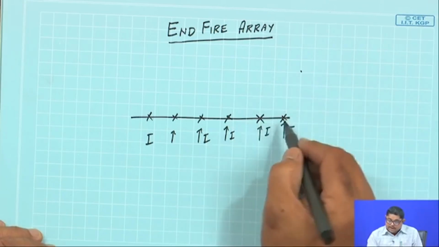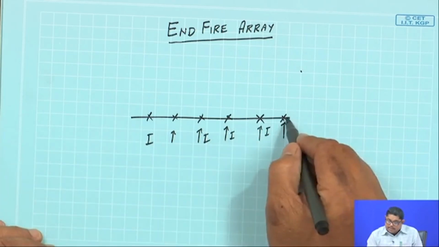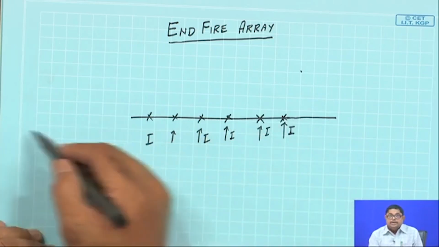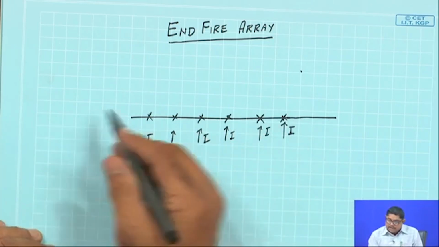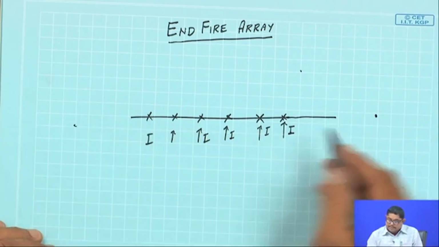This also will do that. Now, you see, if I want the maximum radiation along this axis, let us say it should peak either here or this side.